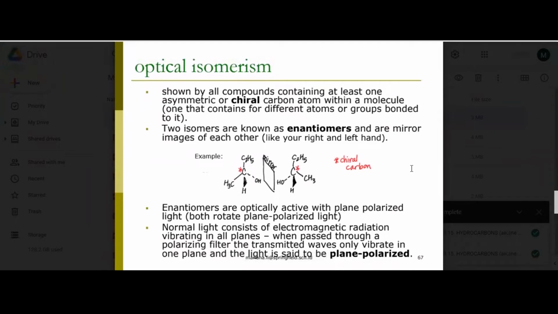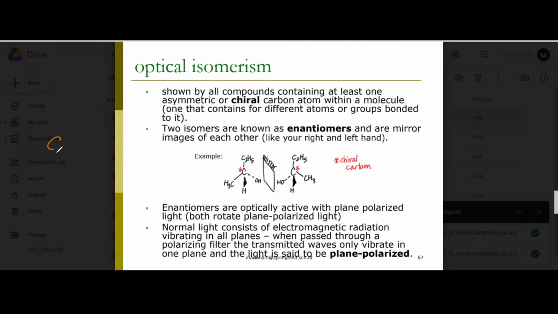Now let's draw the optical isomer of this alcohol, C2H5, CH3, H, OH. To draw an optical isomer, you should draw in tetrahedral form. I already told you in the first video how to represent a 3D formula.